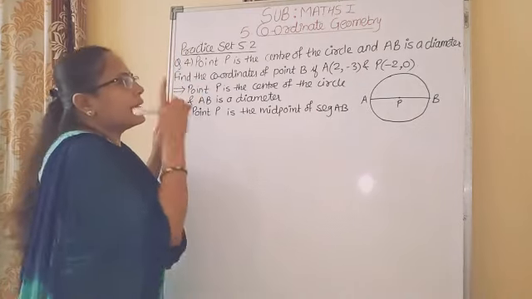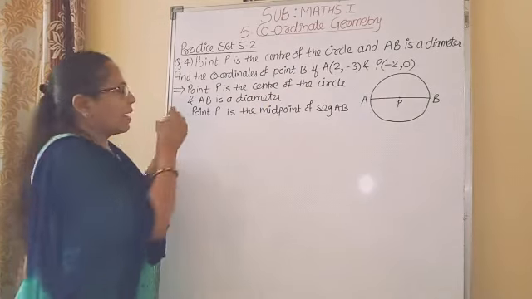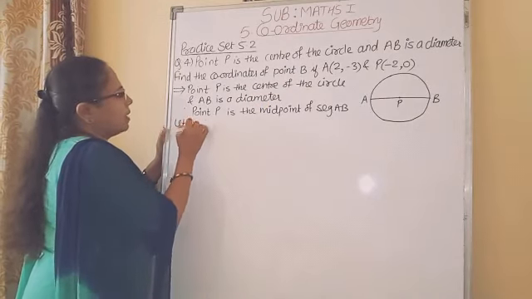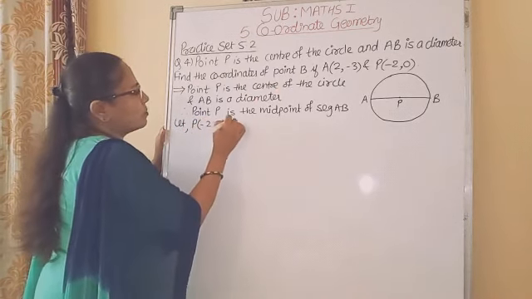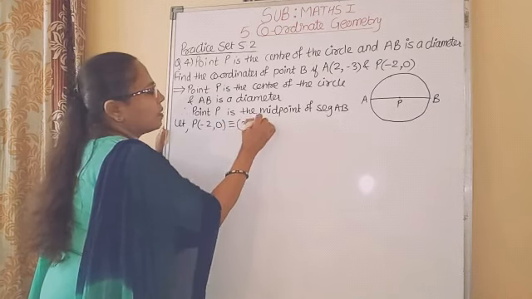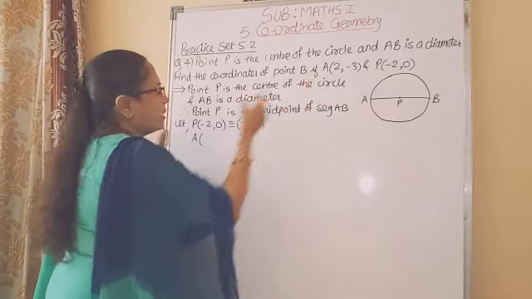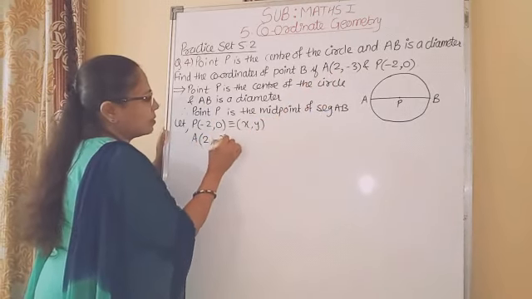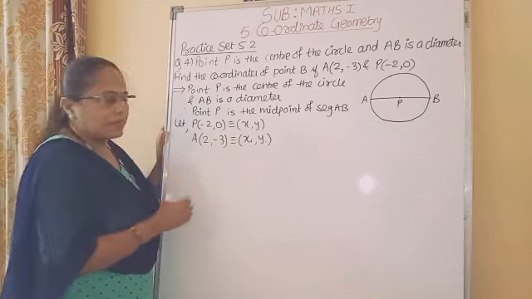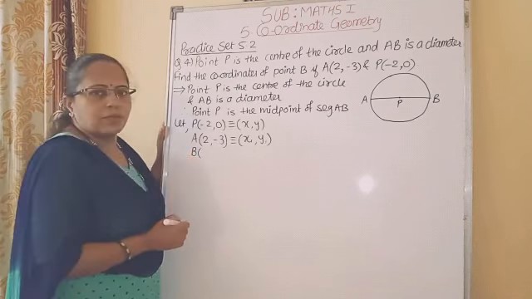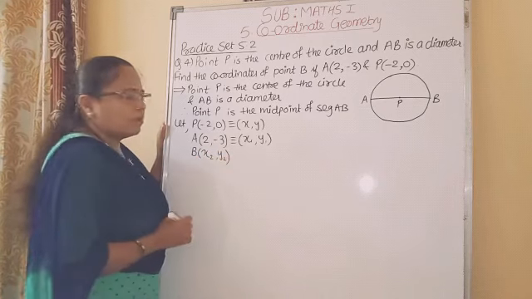Okay. So let P be the midpoint. So the coordinates of point P we will assume (x, y). So let P coordinates are (-2, 0). This we assume as (x, y). The coordinates of point A given (2, -3). This we will assume as (x1, y1). And the coordinates of point B (x2, y2) which we have to find out.